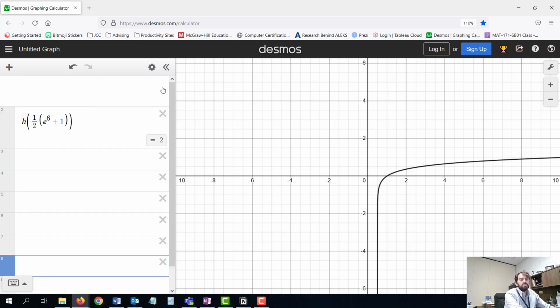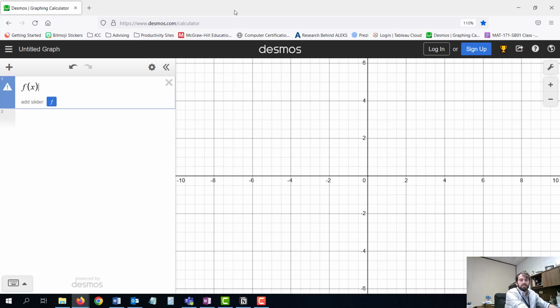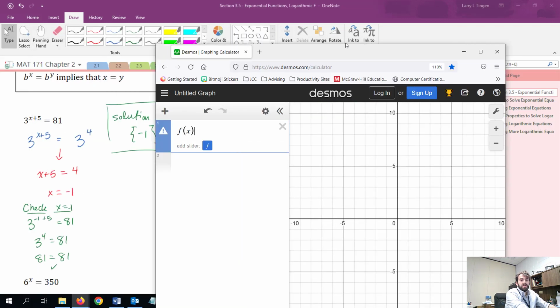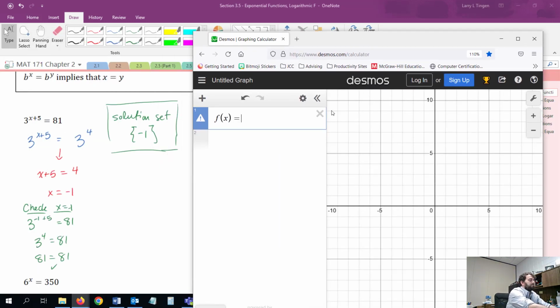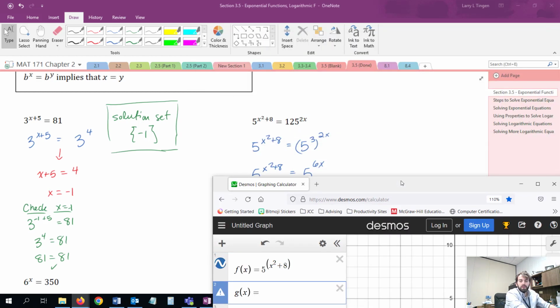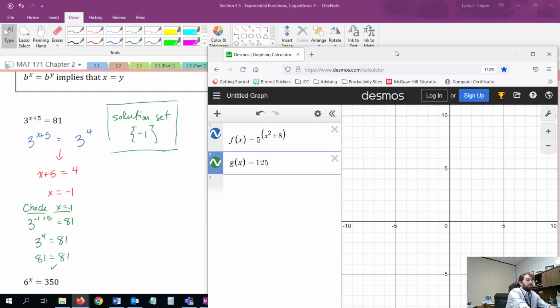If I put f of x is equal to the left-hand side of the equation, let's remember the problem, f of x is 5 raised to the x squared plus 8. And then g of x is equal to 125 to the 2x.